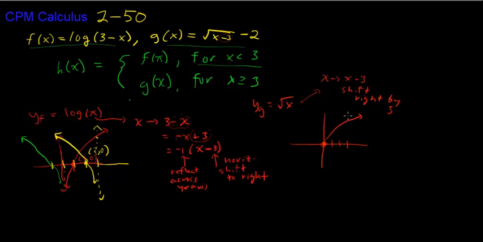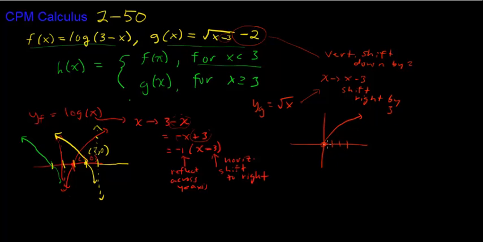We could say horizontal shift to the right by 3, right? And then we want to look at the minus 2. So minus 2 is going to be vertical shift down by 2 units.